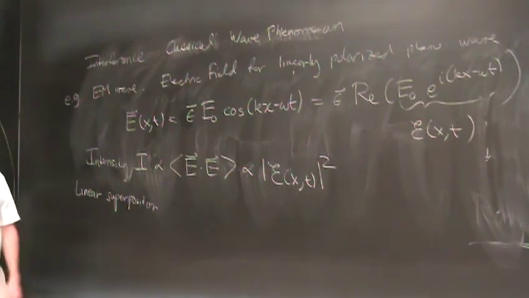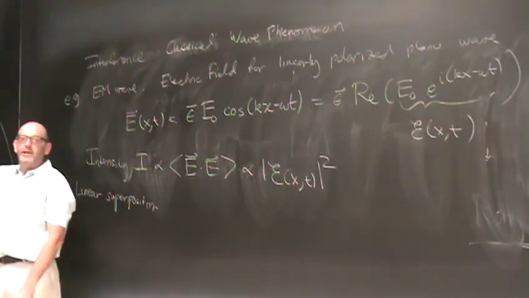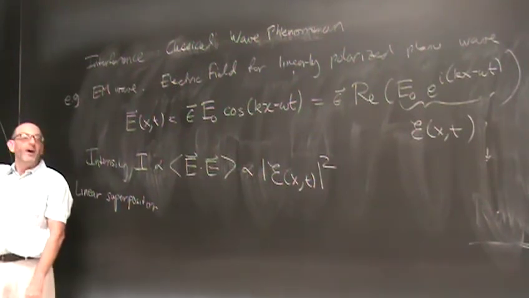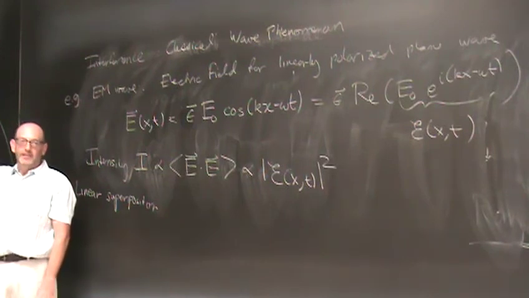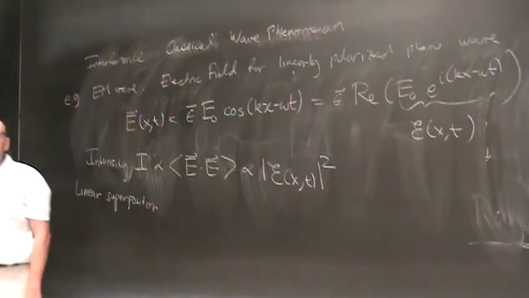That is to say, if I have two waves impinging at the same point, the total intensity at that point is not the sum of the intensities of the two waves.